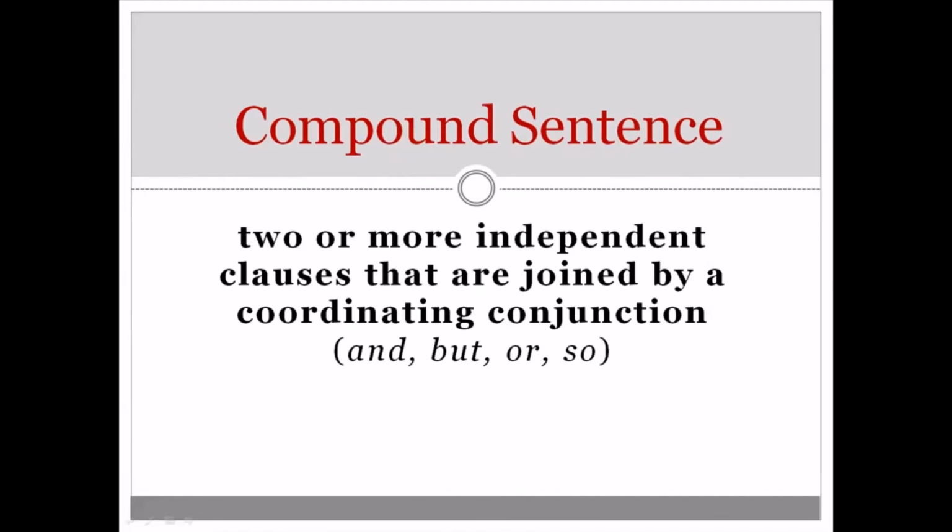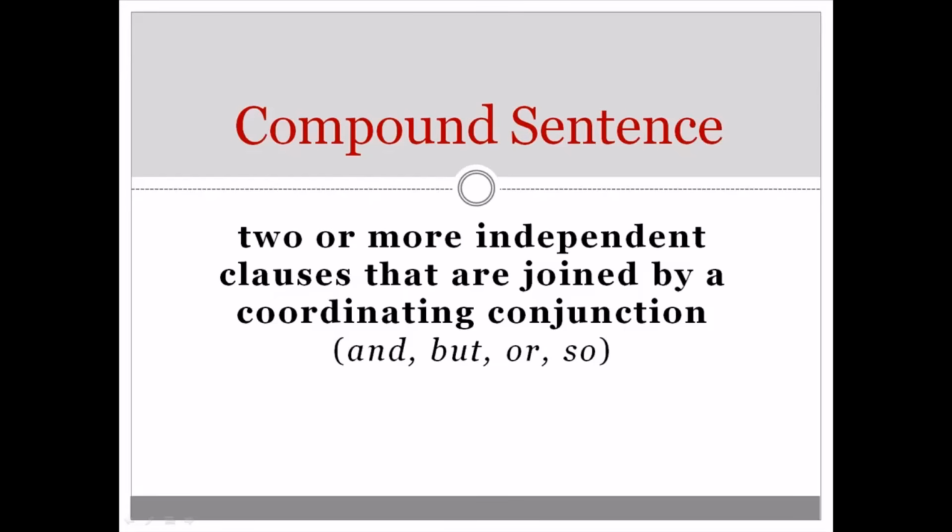The second type is a compound sentence. It has two or more independent clauses that are joined by a coordinating conjunction. The most common coordinating conjunctions are and, but, or, so.